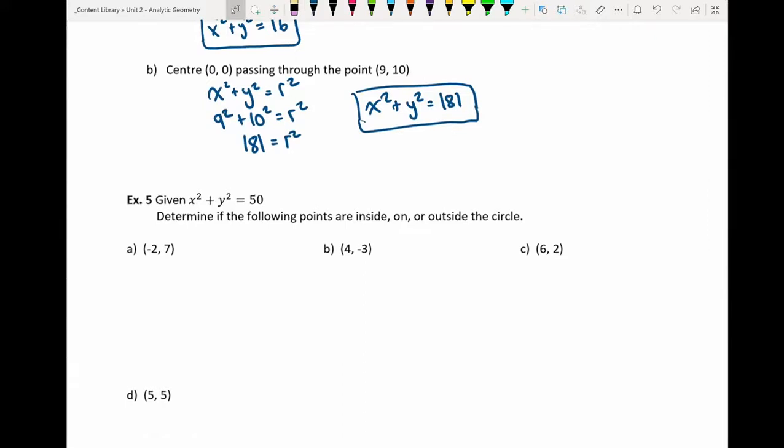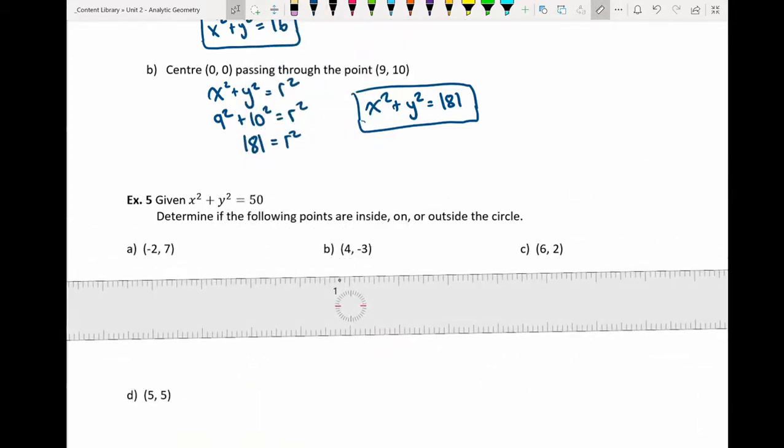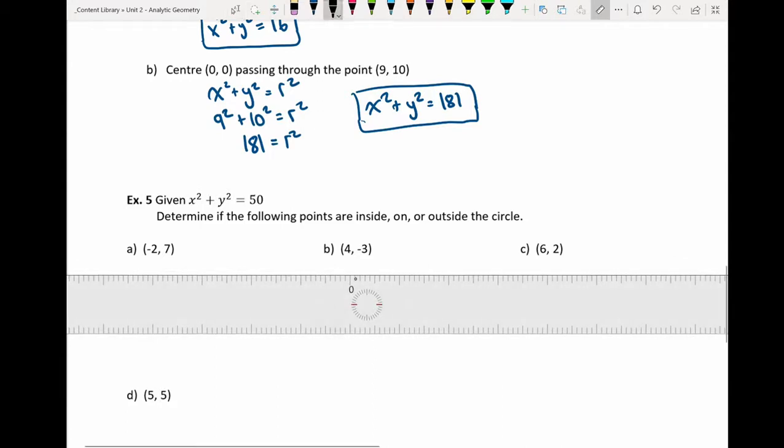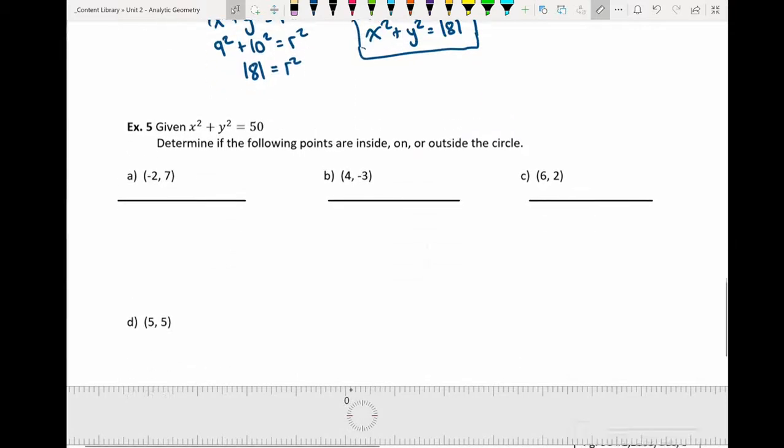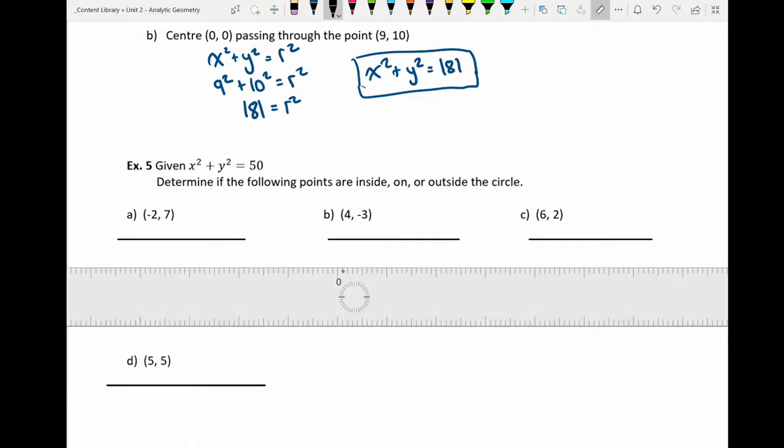Example 5: given x squared plus y squared equals 50, determine if the following points are inside, on, or outside of the circle. And I'm given 4 points here. So what we have to do here is create a kind of chart, because we are going to need to do left side equals right side. I'll explain once I'm done this why we need to do that.